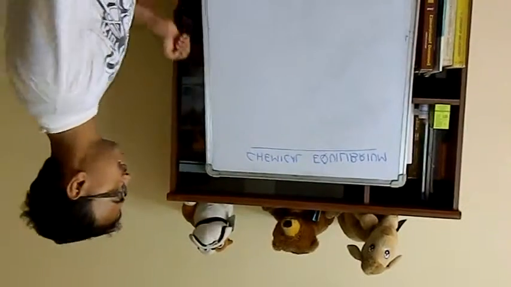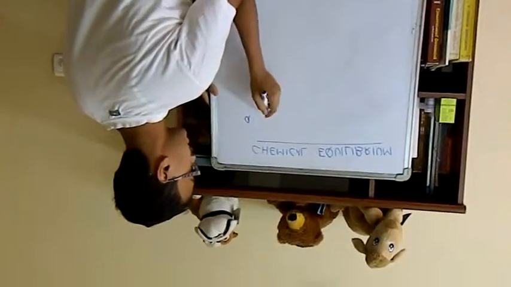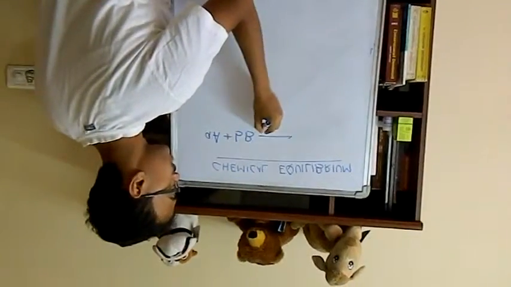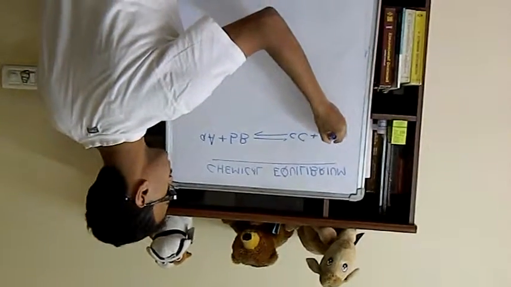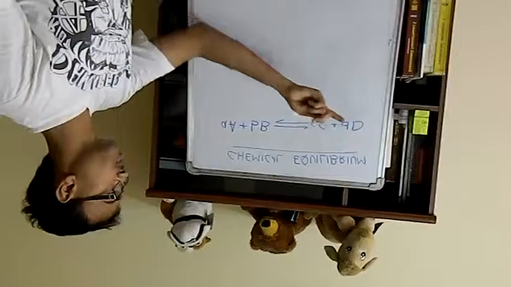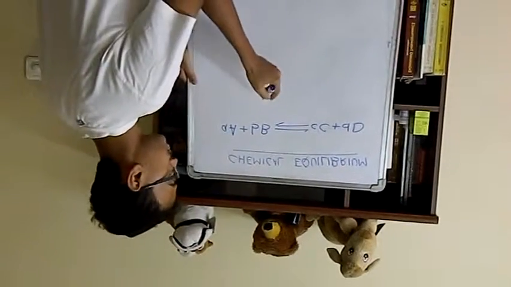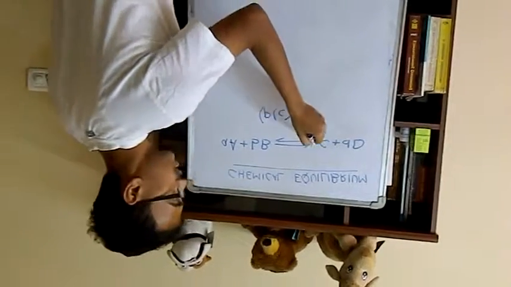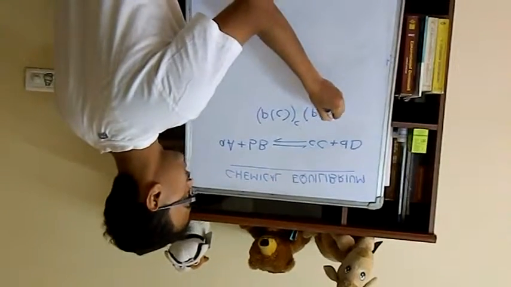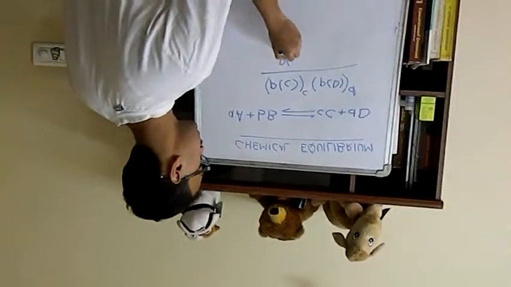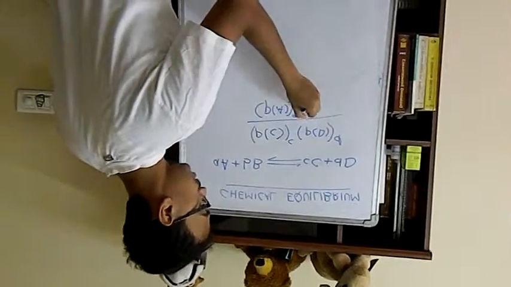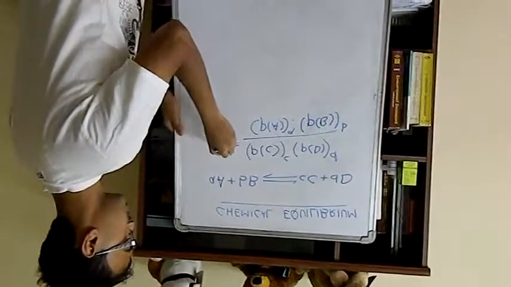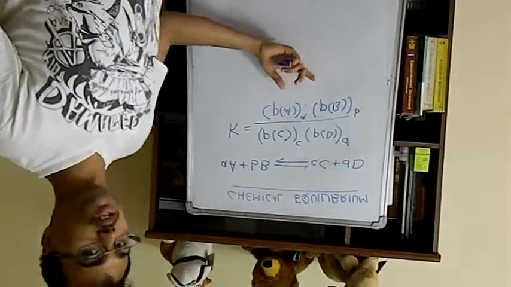Now for any general reaction, suppose a molecules of A react with b molecules of B to give c molecules of C and d molecules of D. There may be more reactant molecules and product molecules. Then the partial pressure of C raised to c times the partial pressure of D raised to d, divided by the partial pressure of A raised to a multiplied by the partial pressure of B raised to b, is a constant, and this is called the equilibrium constant for this reaction.